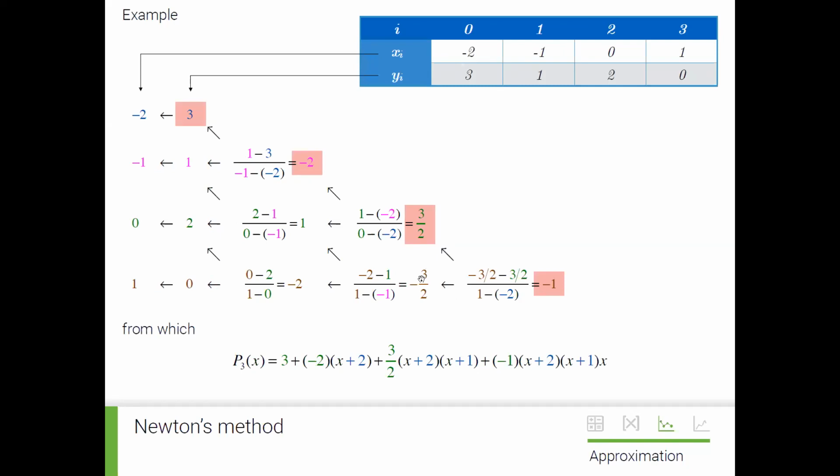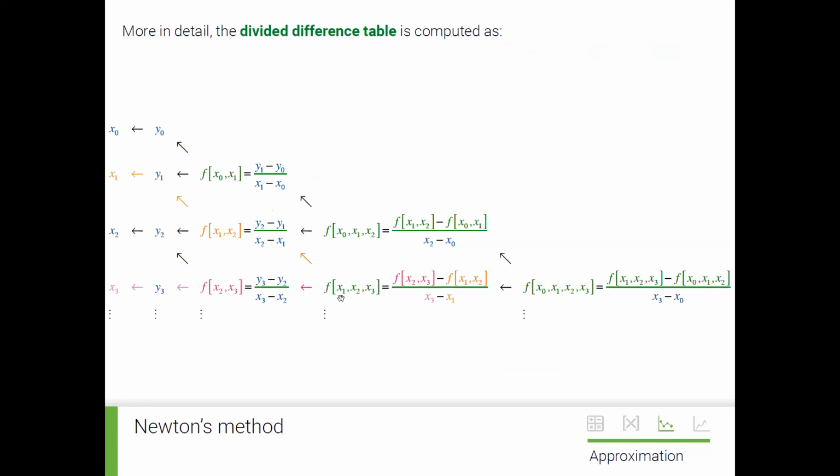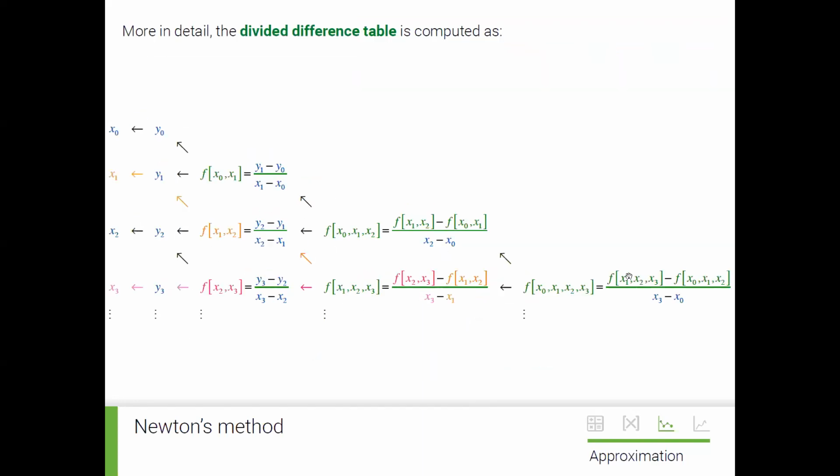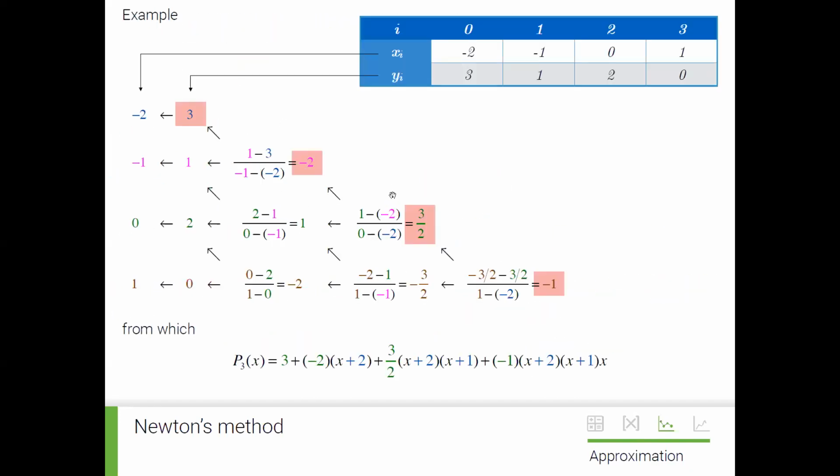And similarly, we can continue this process and find the next one, the coefficient a3, which is the last one. You can see we need to find f[x1, x2, x3], but we have this one, which equals 3 over 2 from the previous equation.